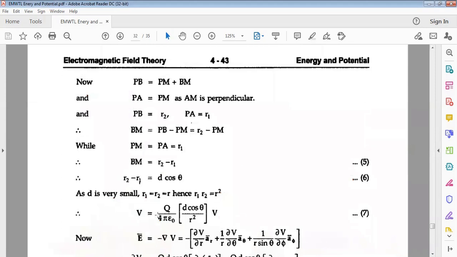V is equal to Q by 4 pi epsilon naught d cos theta by R square. As d is very small, R1 and R2 are approximately equal to R, hence R1 and R2 is R. Okay, the potential V is approximately Q d cos theta by 4 pi epsilon naught R square, in volts.